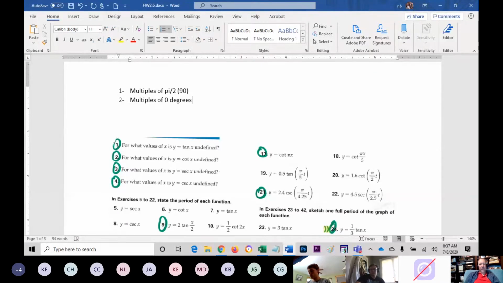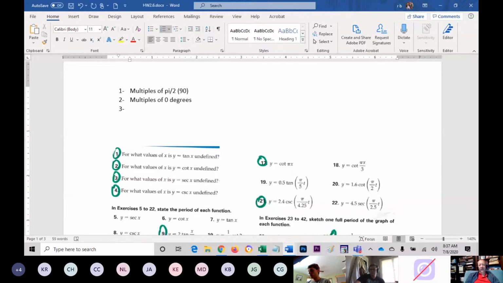Okay. For what value of x is the secant undefined? The pi halves as well. Yeah, so the secant is 1 over the cosine, and the cosine is... No, is it 90 degrees?